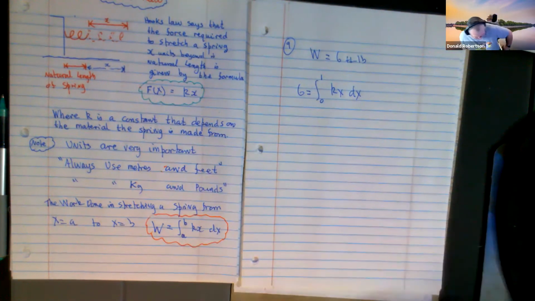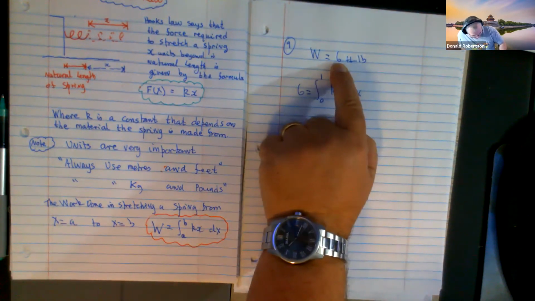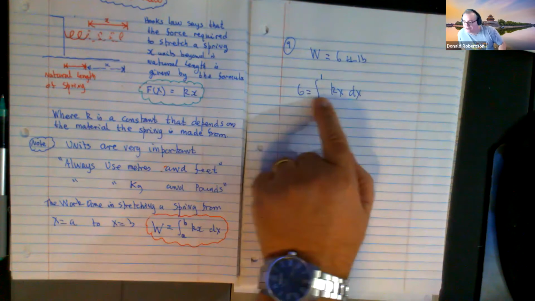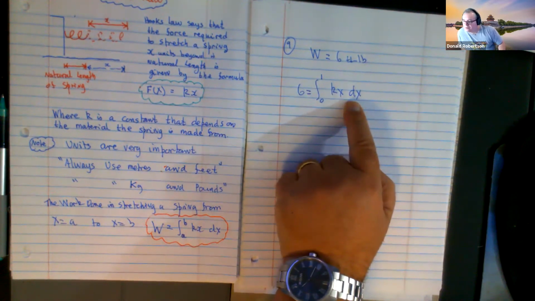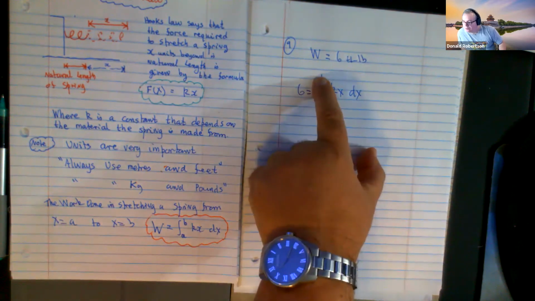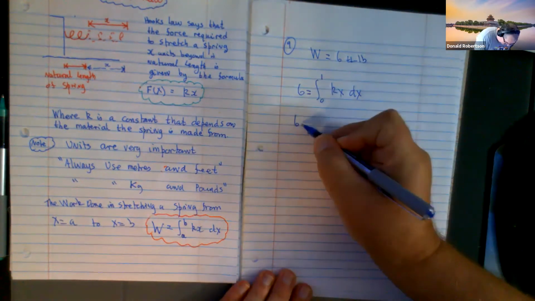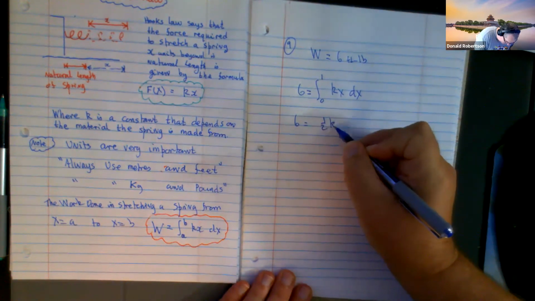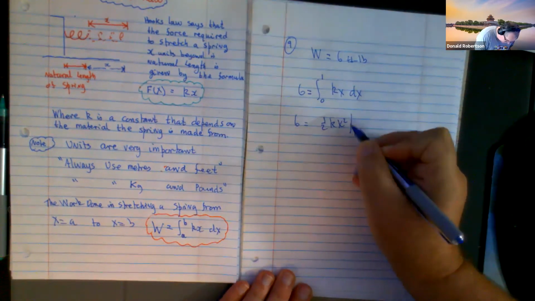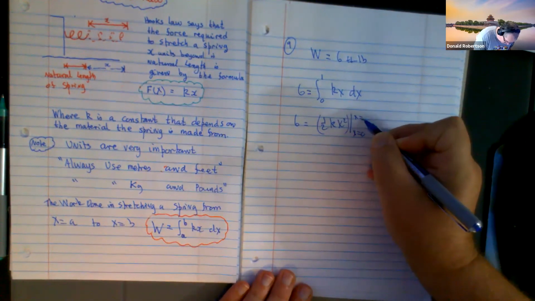Okay. If I tell you it takes 6 foot-pounds of work to stretch it 1 foot, would you agree that's the formula? Right, work 6 from beginning to 1 foot beyond its natural length. Integrate. Evaluate at x equals 0 to x equals 1.